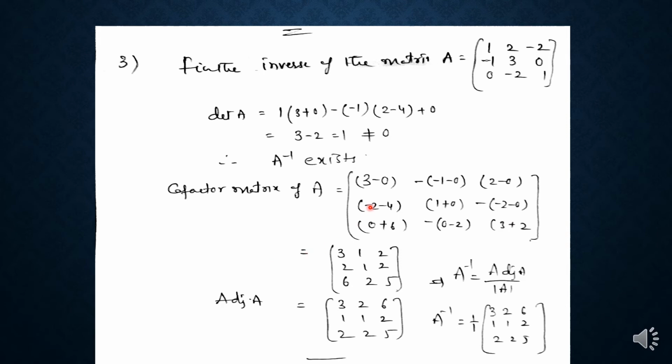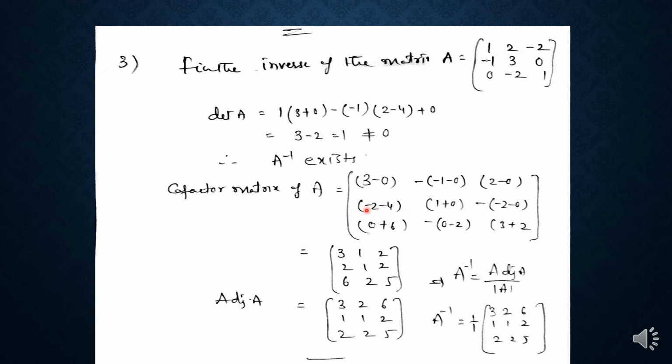So that is equal to 3 minus 0, 3, minus 1 into minus, plus 1, 2 minus 0, 2, minus 2 minus 4. Sorry, this is minus of minus 2 plus 4. Minus 2 plus 4. This element, no? 2 into 1, 2, minus 4, 2 minus 4. That is minus of 2 minus 4.